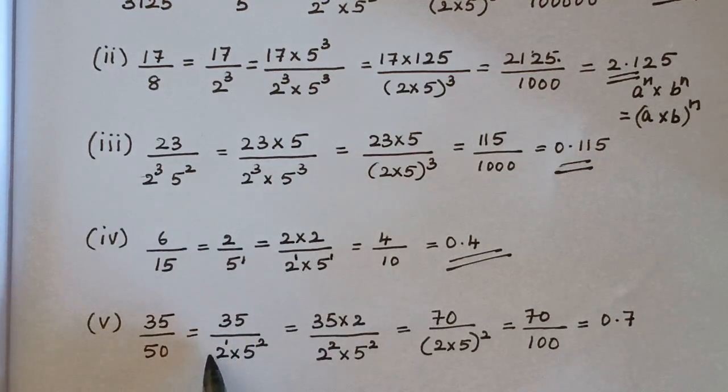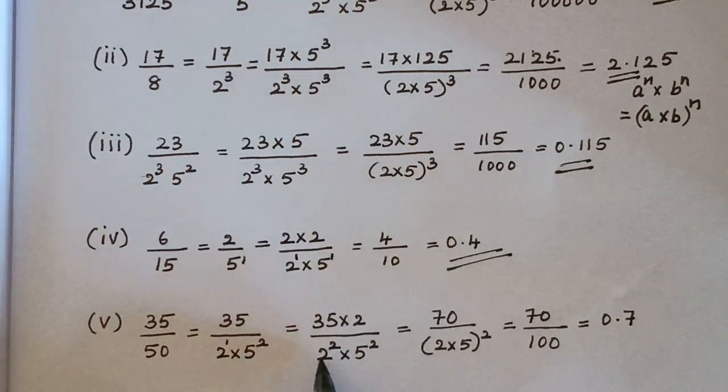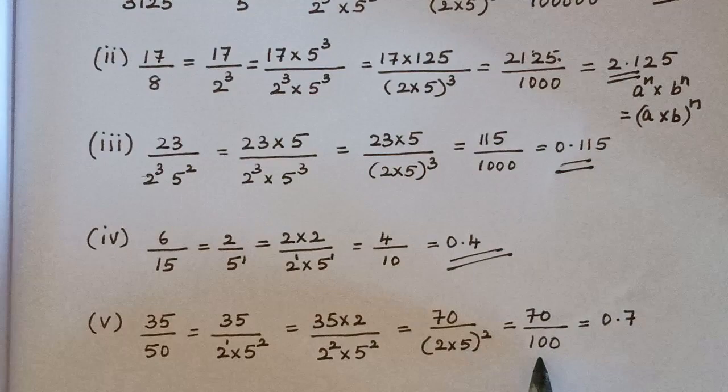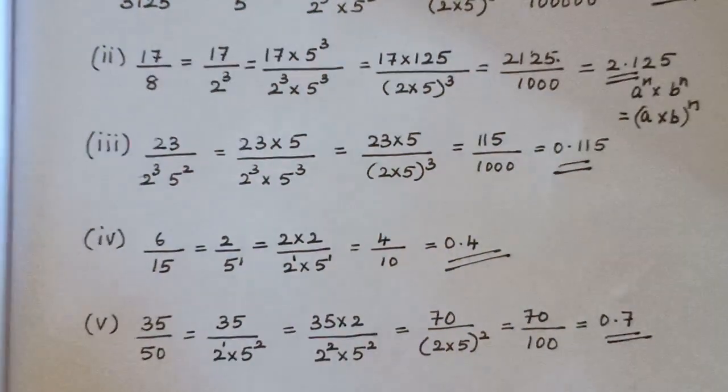So one more 2 if you multiply, this also will become 2 raised to 2. For that, we are multiplying both numerator and denominator with 2. So this becomes 35 into 2 by 2 squared into 5 squared, which is equal to 70 by 2 into 5 the whole squared, which is equal to 70 by 100, that is 0.7.